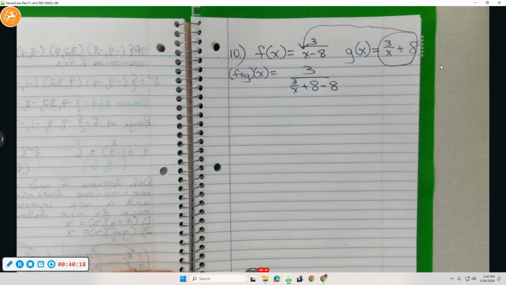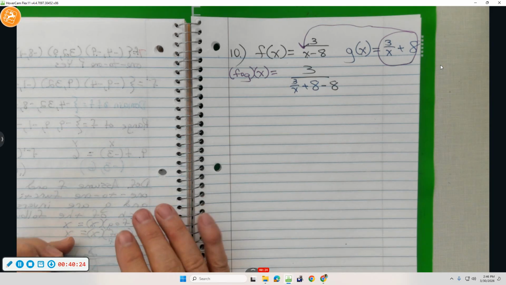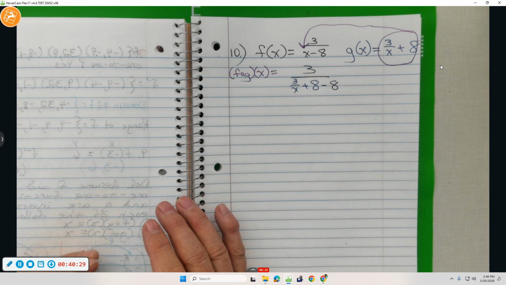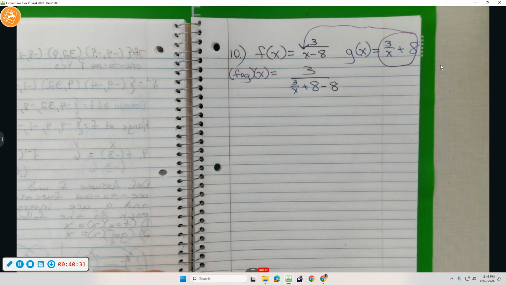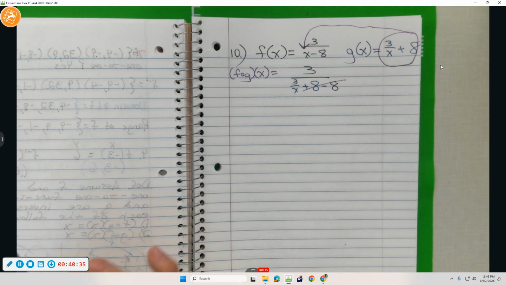This is a compound fraction, a fraction that contains additional fractions. Now, if these functions are inverses, everything except x is going to cancel out. I think the 8s are about to disappear, aren't they? 8 minus 8, that's gone.